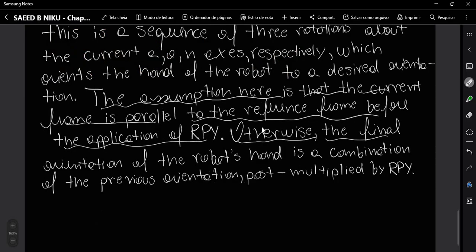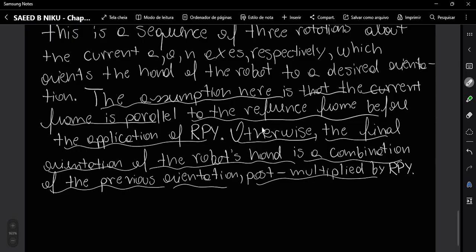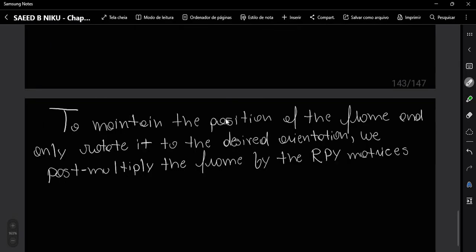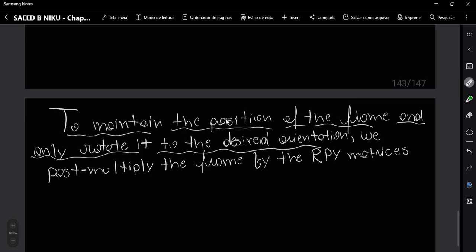Otherwise, the final orientation of the robot's hand is a combination of the previous orientation post multiplied by RPY. To maintain the position of the frame and only rotate it to the desired orientation, we post multiply the frame by the RPY matrices.